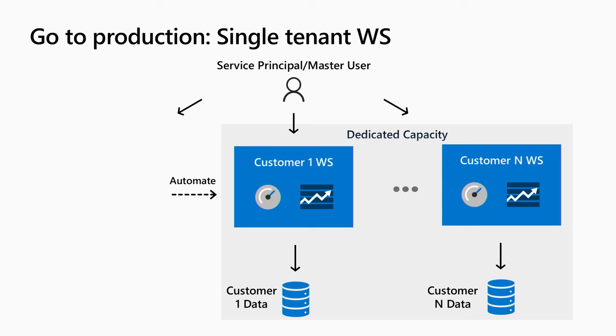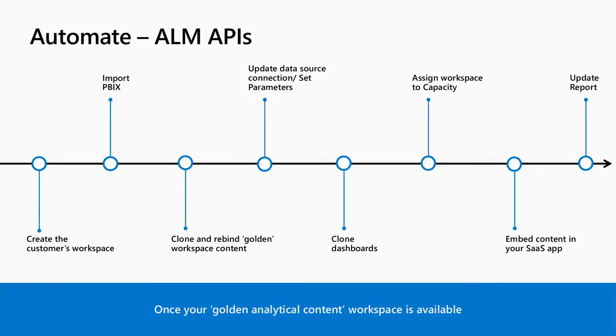Now, this migration can be done automatically using our REST APIs, which Ran demonstrated before. So like I said, the process is you get a new customer, you create a workspace, you can import a PBIX file, you clone and rebind to the new data set your reports from the golden workspace.